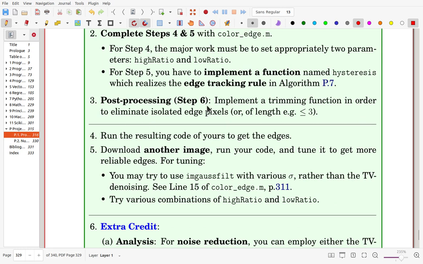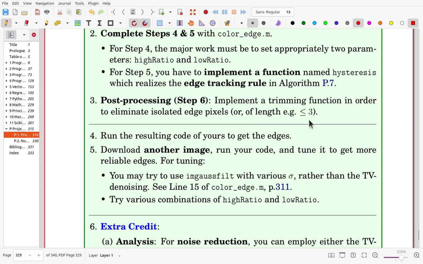Now post-processing, and we add another step. In step 6, implement a trimming function in order to eliminate isolated edge pixels, in fact isolated strong pixels, and/or strong pixels of length, for example, less than or equal to 3, and you have to design also a good algorithm to eliminate here the strong pixels.